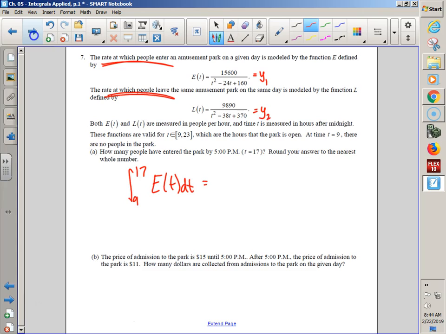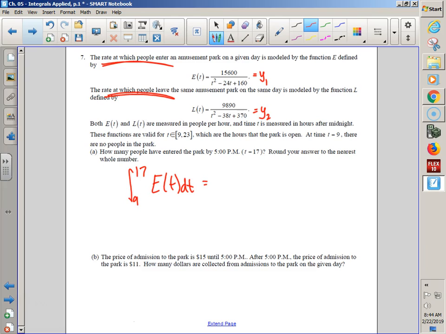And couldn't you just take the integral from 9 to 17 of y1 using your y-vars? And then you can keep on referencing y1 over and over and not have to retype this expression and type it in wrong. Anyway, long story short, round your answer to the nearest whole number. Why? Poor little people. Let's make them whole and not partial, yeah?